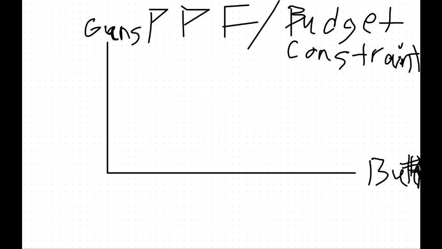Let's imagine that we have a factory that can make one or the other, but not both. We have a certain amount of space in a factory. It doesn't have to be a factory, we can also think of this as just an economy. And in fact, with the idea of a guns-butter trade-off, that's usually what you're imagining.